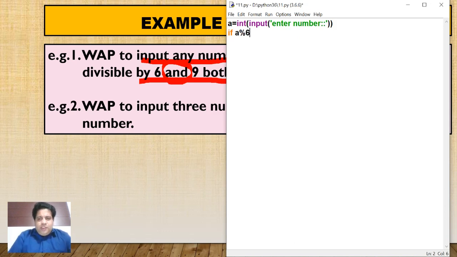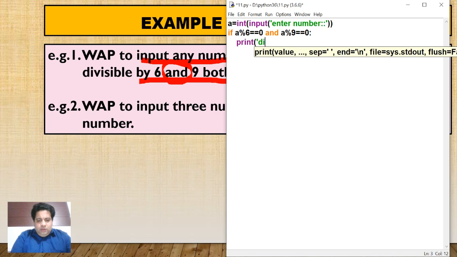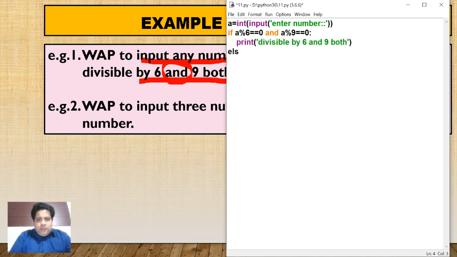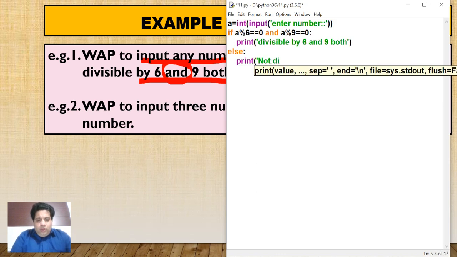If A mod 6 equal to 0 and A mod 9 equal to 0 then print divisible by 6 and 9 both, else print not divisible.